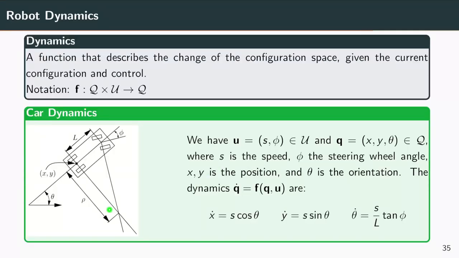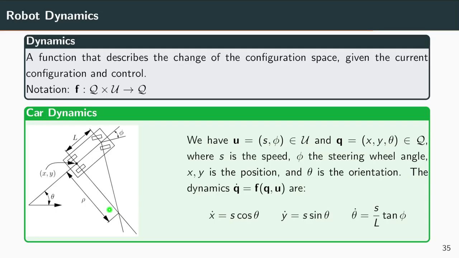Okay, and then we also need to define what will happen to the car if I apply these actions. And that is typically defined by the dynamics. And the dynamics are a function that takes as input the current state and the action. And they basically output either the change of the state or the next state, depending on if you want to use it as a differential equation or more like a step function.